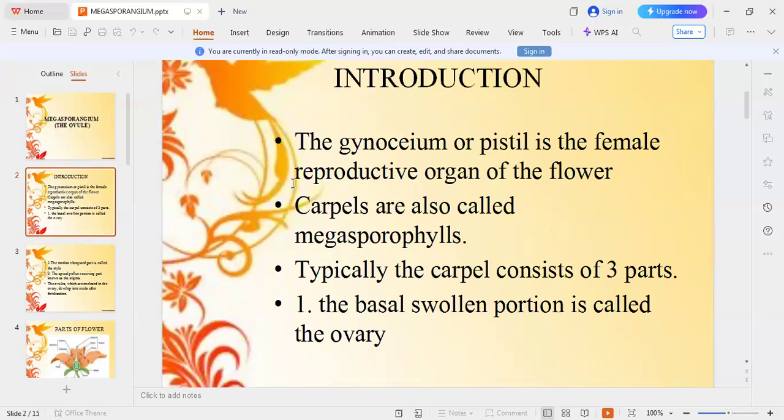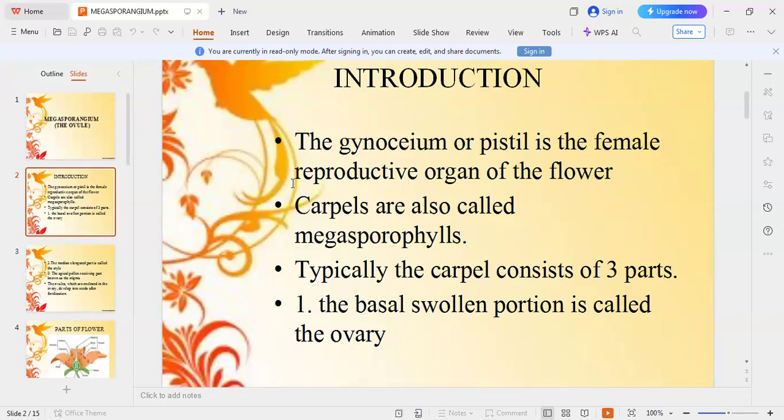We know that the flower has 4 whorls, 4 cycles: calyx, corolla, both called the non-essential organs, and in the center, the 3rd cycle is the androecium and the 4th whorl is the gynoecium. Both androecium and gynoecium are called the essential or reproductive organs of the flower.